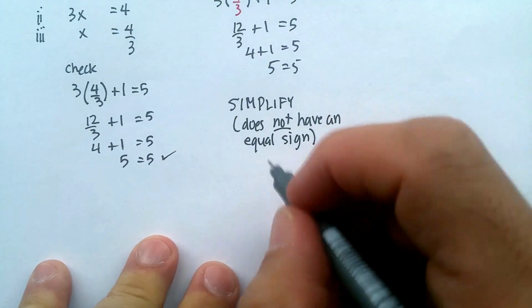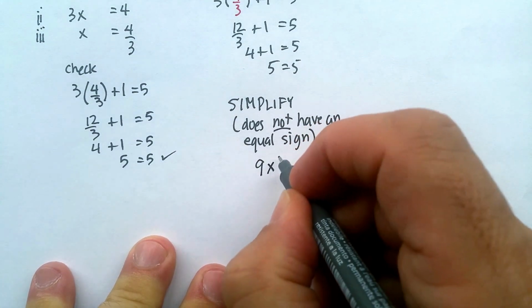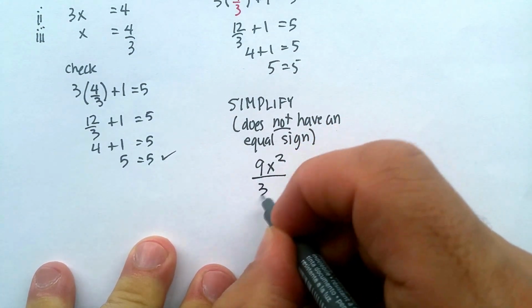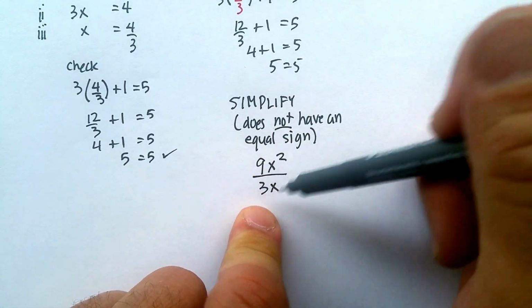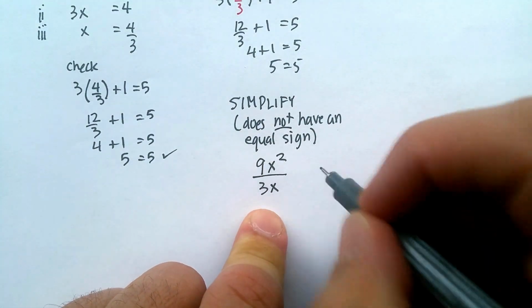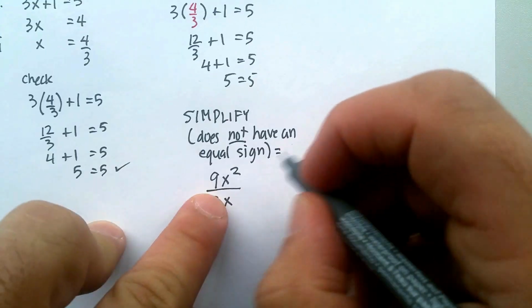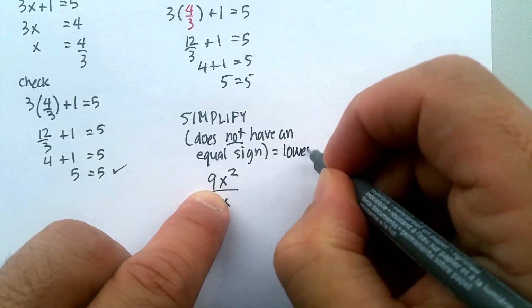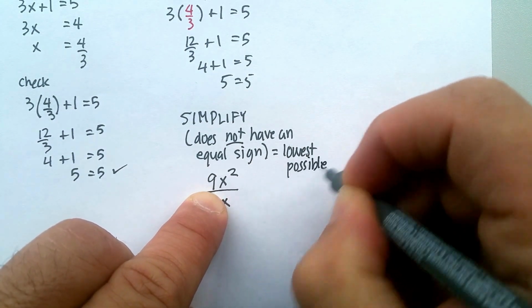So for example, something like, oh, I don't know, let's go with 9x squared divided by 3x. There's no equal sign here, but I want to get this into its lowest possible terms. That's another way of saying that, okay? Lowest possible terms.